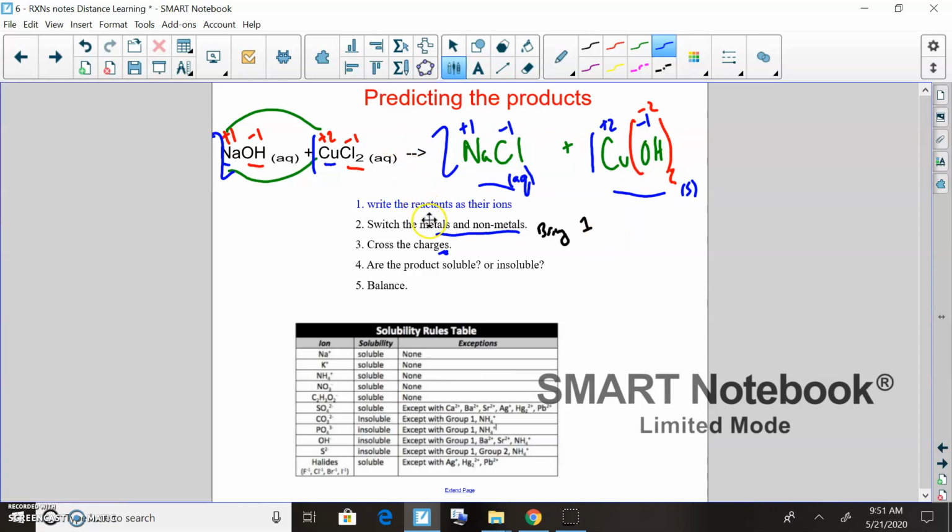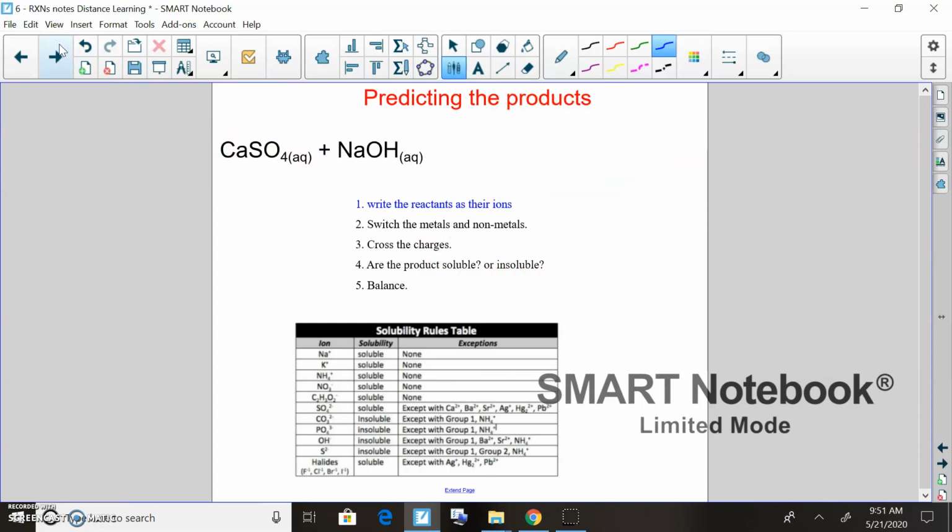Now, let me walk you through. Write the charge, switch the positives, bring one of each over, crisscross, figure out if it's soluble or insoluble, and then move on. Okay, so the next one, write the reaction. Calcium's +2, SO4 is -2. Remember, that's polyatomics. Na is +1, OH is -1. So I'm going to switch the positives.